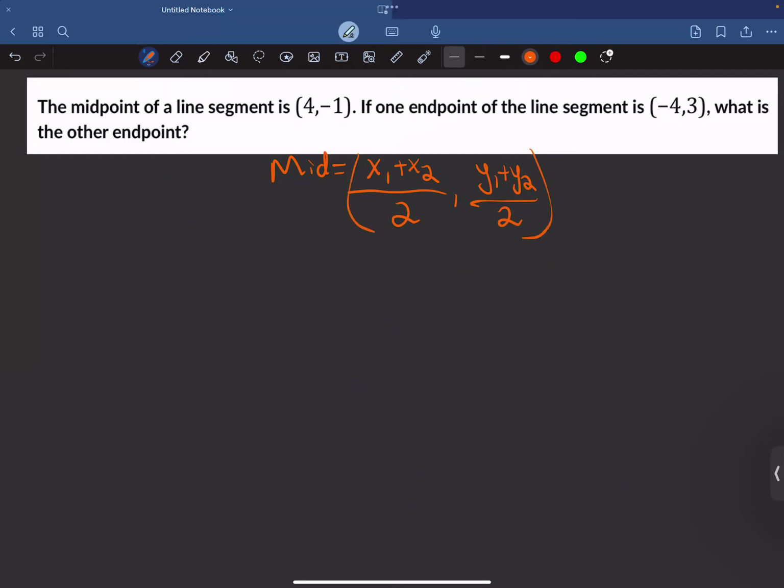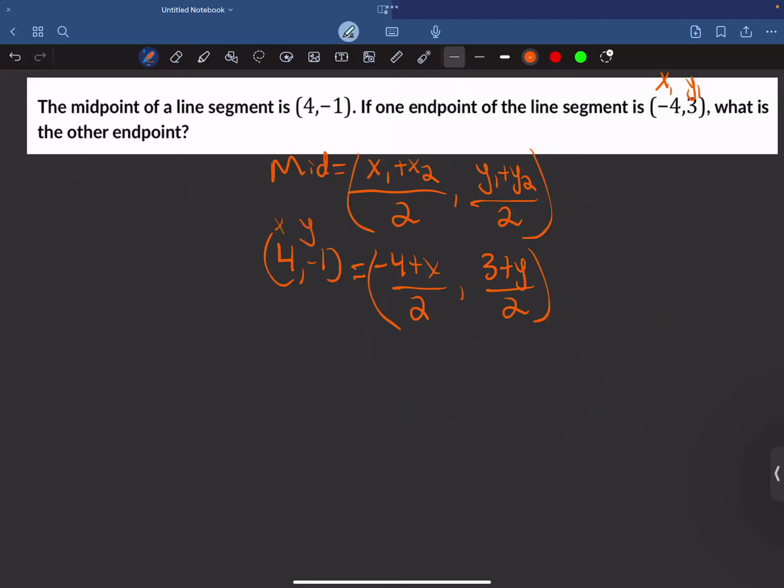All right, so this is midpoint. And we're going to plug in, like I said, x1, y1. So it's going to be -4 plus x over 2 and 3 plus y over 2.